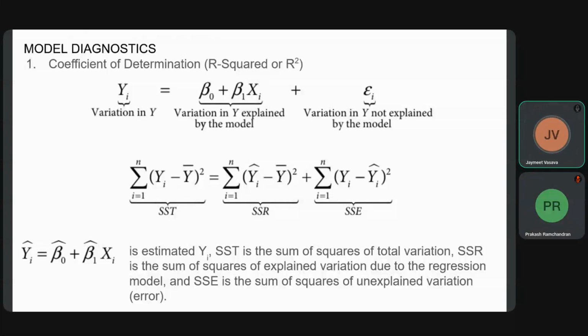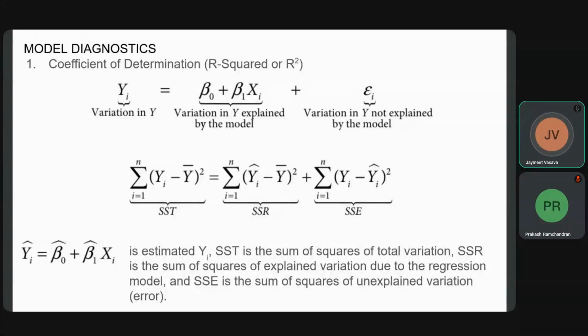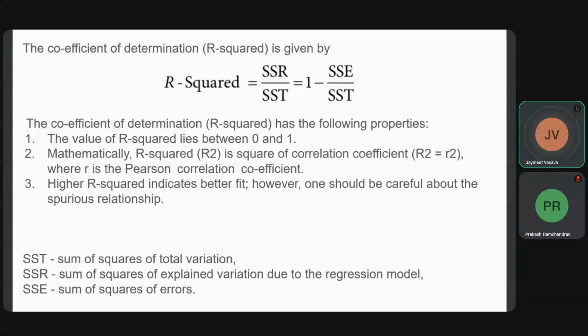So our mathematical representation becomes yi hat equals beta 0 hat plus beta 1 hat xi, for the estimated values of y. So with SST, SSR, and SSE, R squared has the formula SSR divided by SST, which equals 1 minus SSE by SST.